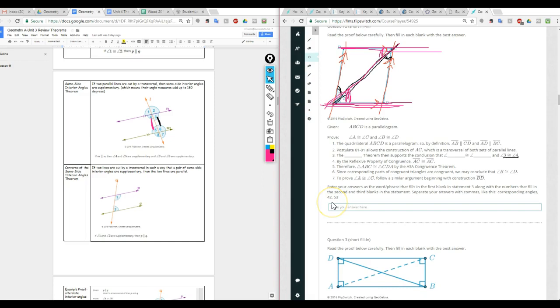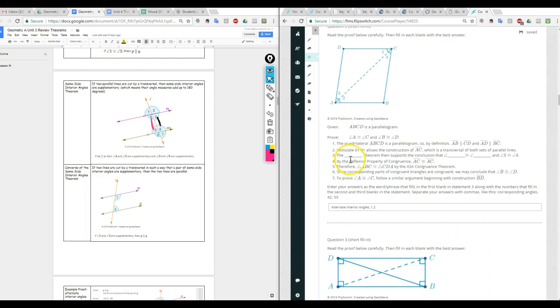So the blank is alternate interior angles theorem concludes that angles 1 and 2 are congruent. 1 and 2.